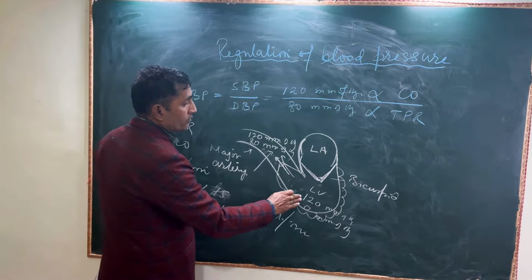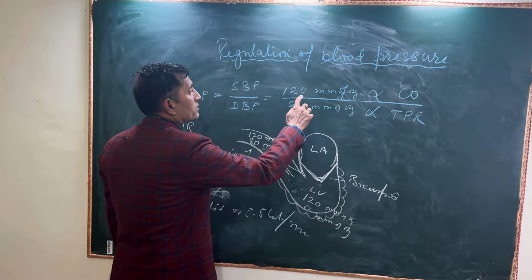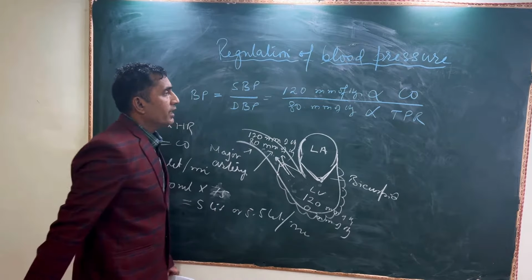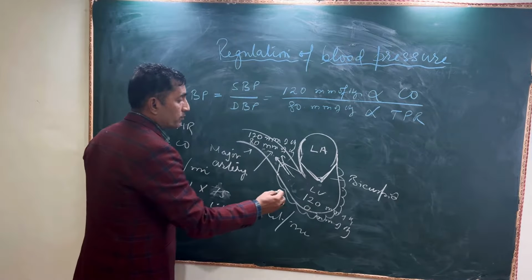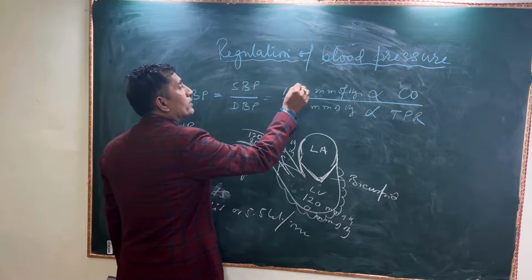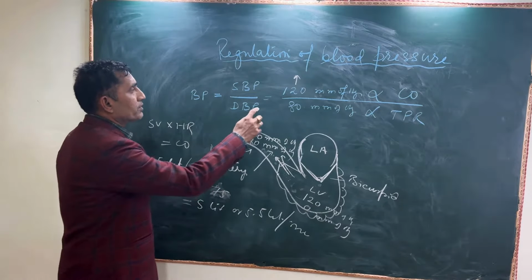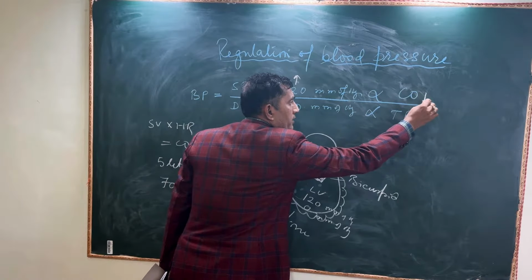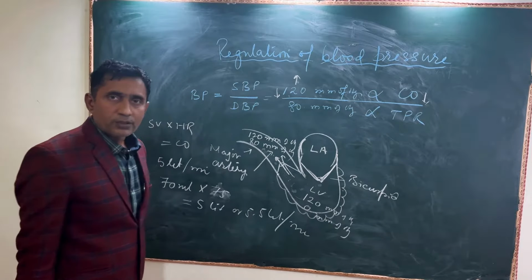Now what I want to say is that systolic blood pressure actually has a relation with the cardiac output. If we increase the cardiac output, we can increase the systolic blood pressure. If we reduce the cardiac output, then the systolic blood pressure will be reduced.